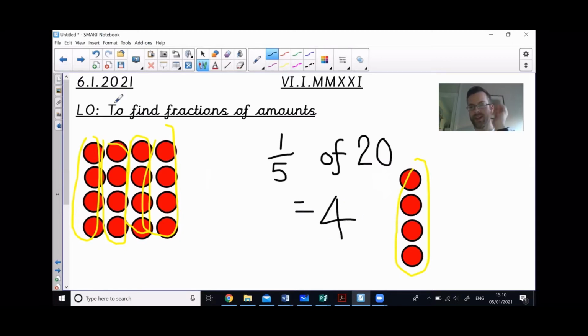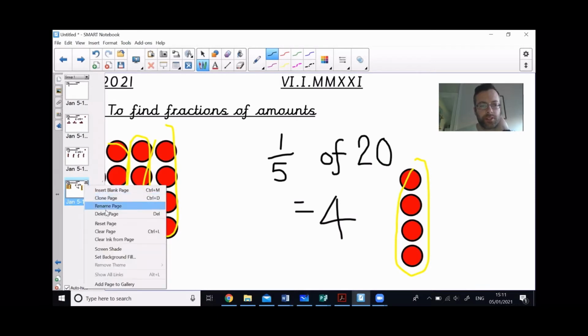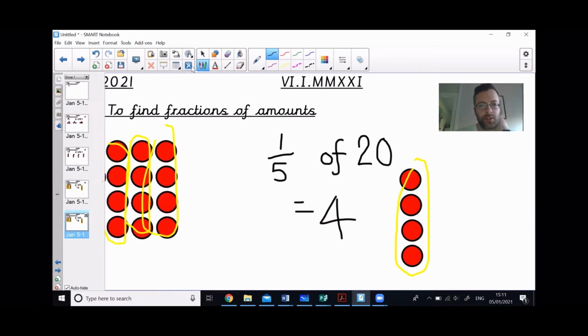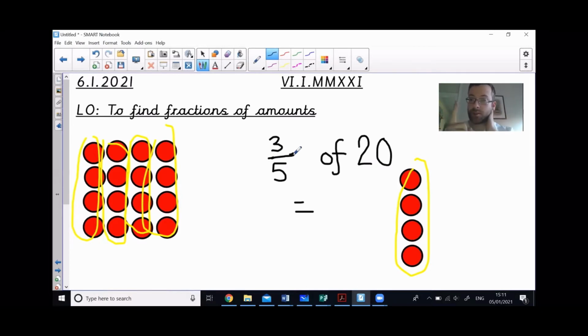Now, those are the getting-started type questions. As we move into steady, we're going to have to find more than 1 fraction. If we knew that 1/5 was 4, how would we be able to find out what, let's say, 3/5 of 20 is? To do this, I need to find 1/5 first. We divided it into 5 groups to do that, and we knew that there was 4.